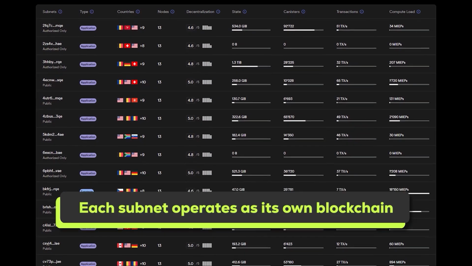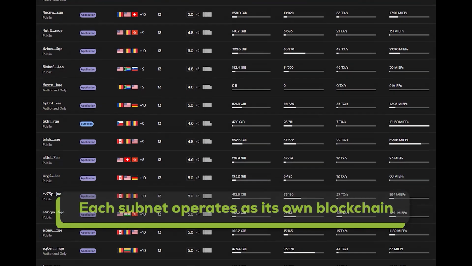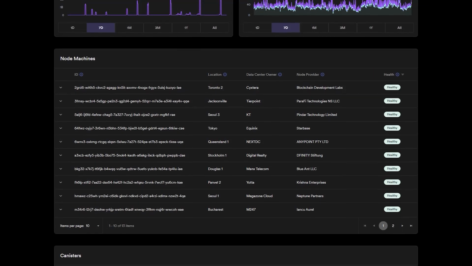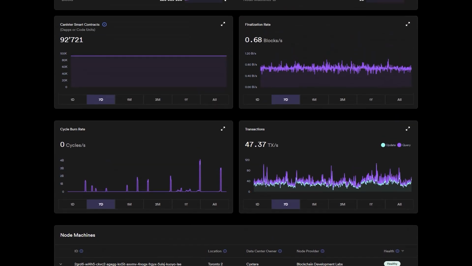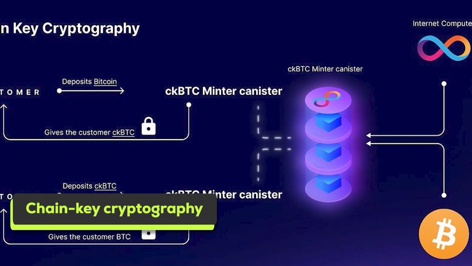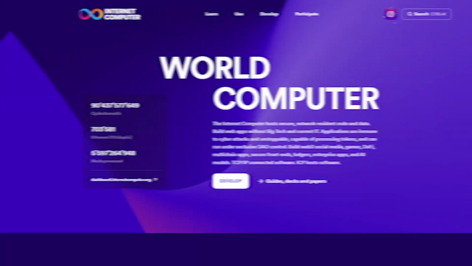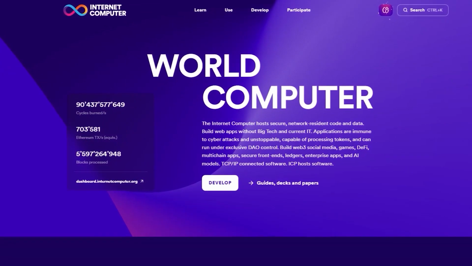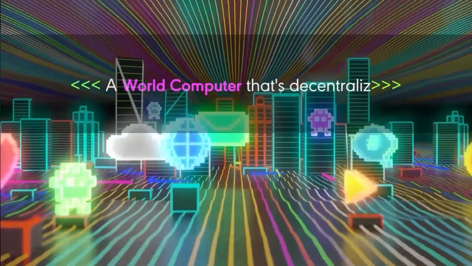Each subnet operates as its own blockchain, capable of scaling computation horizontally. This design allows Internet Computer to increase capacity by adding more subnets rather than overloading a single chain. Chain key cryptography enables these subnets to function as one unified network. It allows ICP to finalize transactions quickly and interact with other blockchains without relying on traditional bridges.